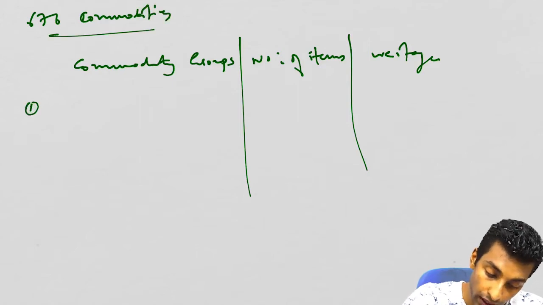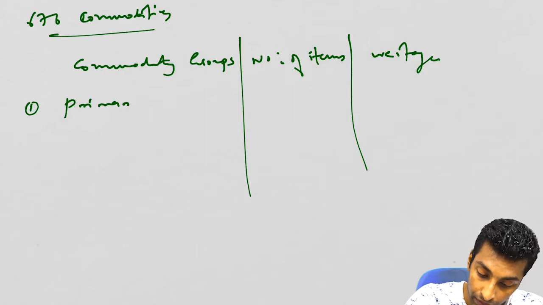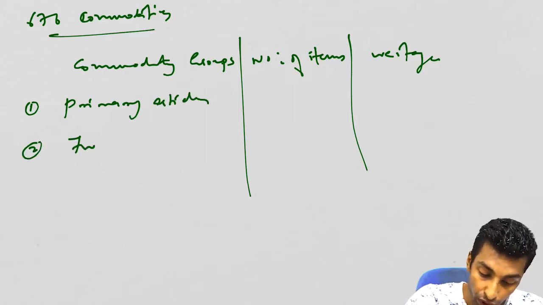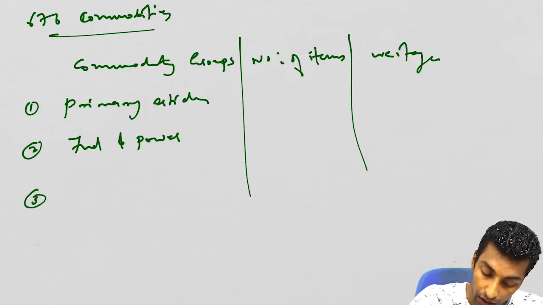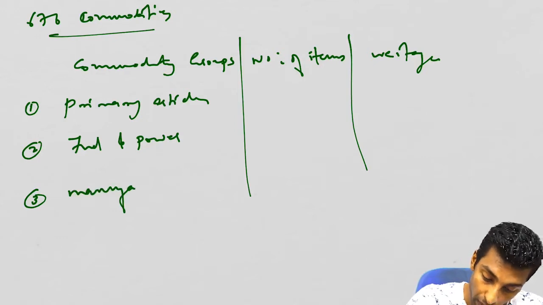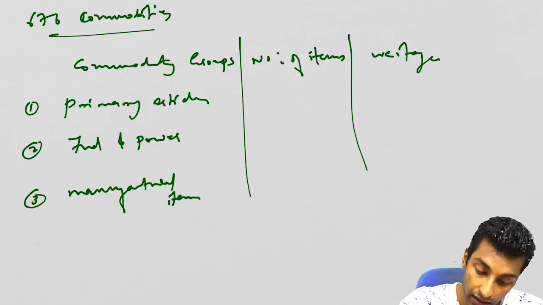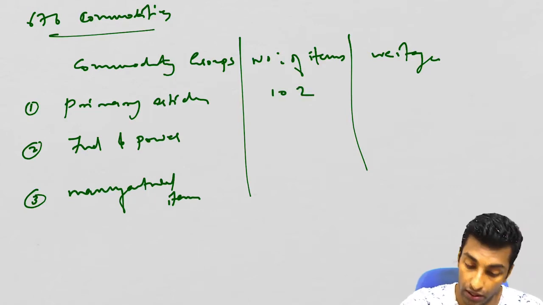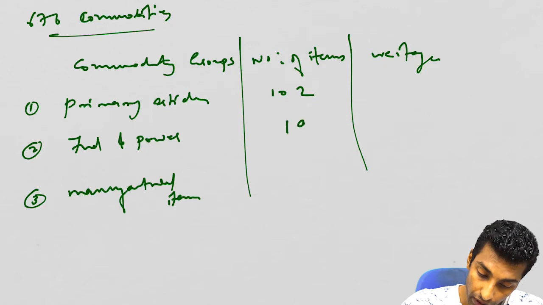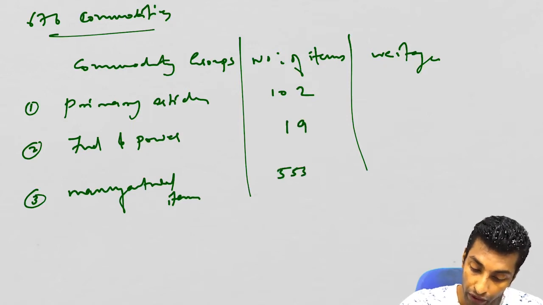Okay, so first it is primary articles. Second one, fuel and power. Third, manufactured items. So primary articles 102 items, fuel and power 19, manufactured items 555.